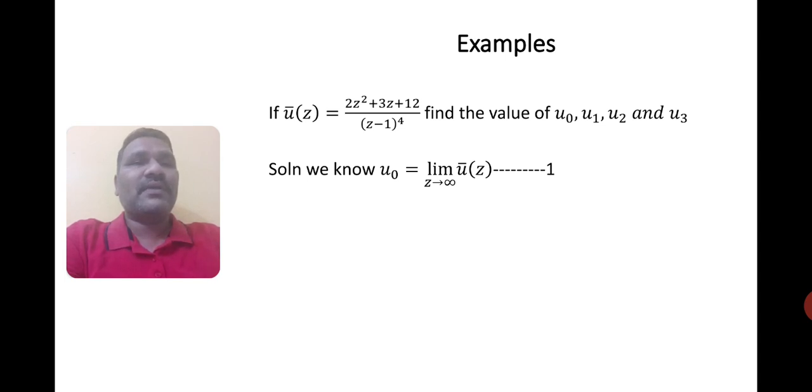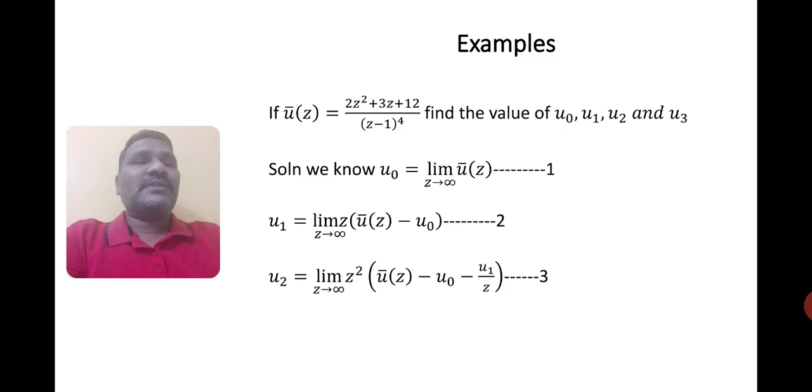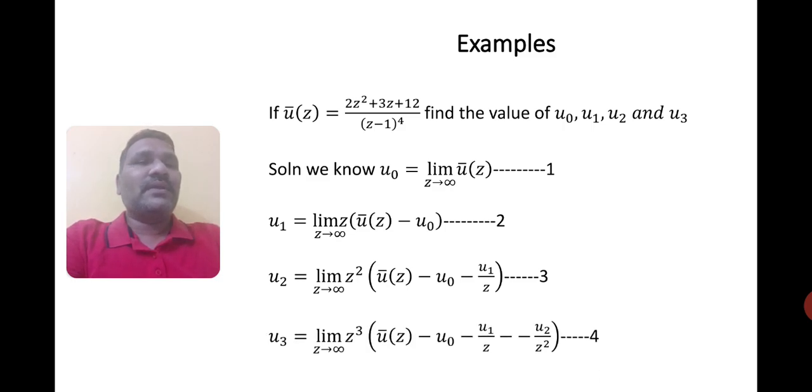U bar of z they have given to us. u1 is calculated by this formula: limit z tends to infinity z into u bar of z minus u0. u2 is given by z square into u bar of z minus u0 minus u1 by z. Lastly u3. That is the 1, 2, 3, 4 equations I got.